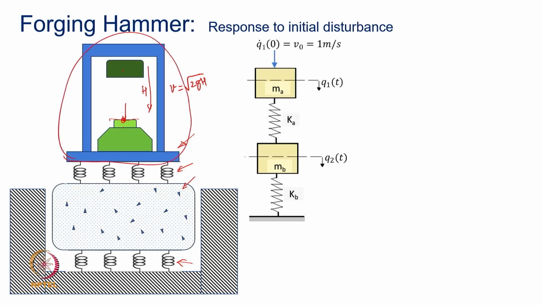So, if we describe this as one mass, which is the mass of the anvil here, and the mass of the concrete base is given by mb, and there are these stiffnesses, the stiffness of the anvil support and the stiffness of the base support. So, ultimately this physical system is now transformed into a simplified 2 mass, 2 degree of freedom system.